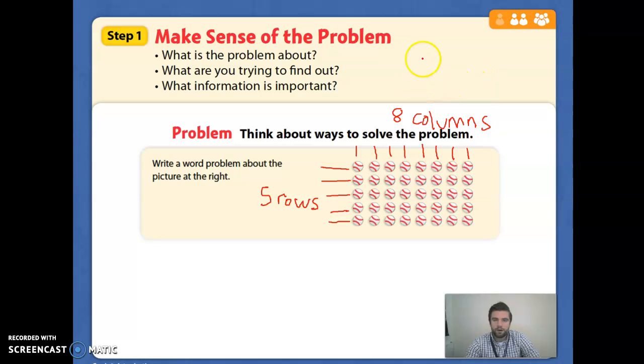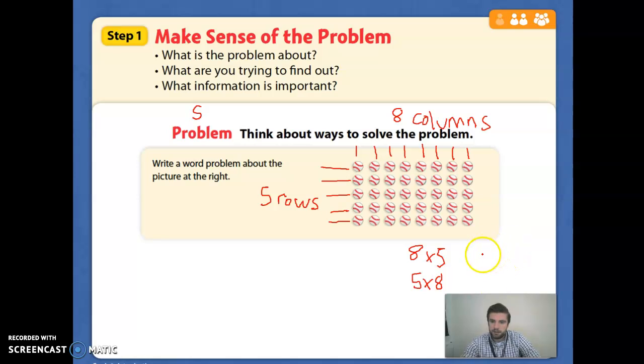Now we have to create a word problem out of this. And we know it's either going to be multiplication or division. So let's look at what our options are. We know it's either going to be 8 times 5. Could be 5 times 8.